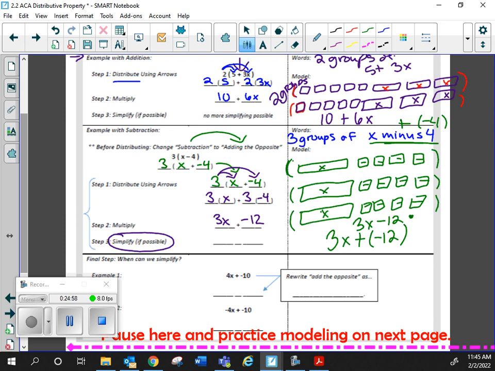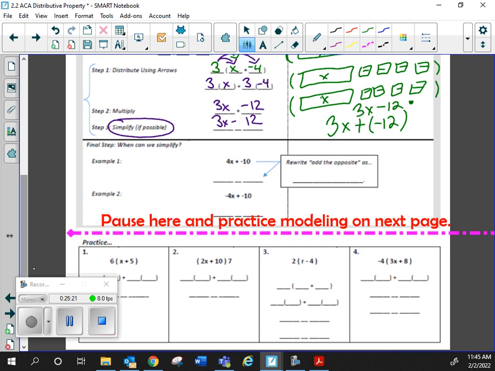Plus a negative is the same thing as subtraction. The rewrite is probably the least of my concern. It's still a concern, but it's at the bottom of the list. The top of the list is making sure you multiply both terms.